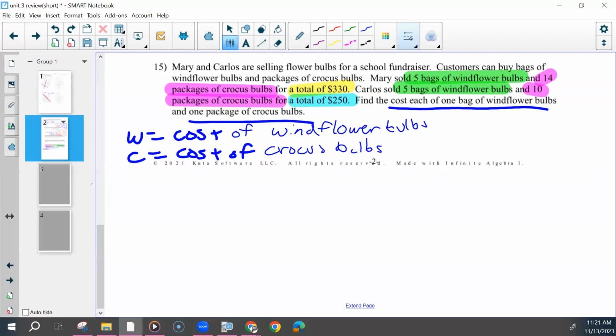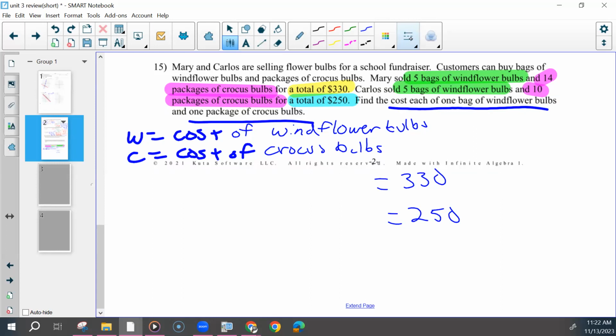So define your 2 variables, whatever variables you choose. Be specific about what you are looking for: cost of, amount of, X, Y, Z, of whatever. If it gives you totals, you know those are what these equal. All of these are going to be set up basically the same way, in that Ax plus By equals C format.